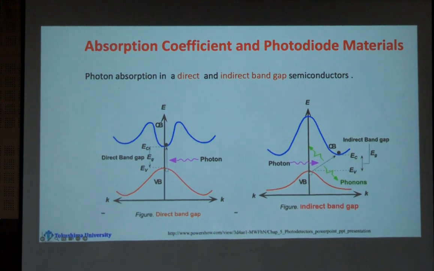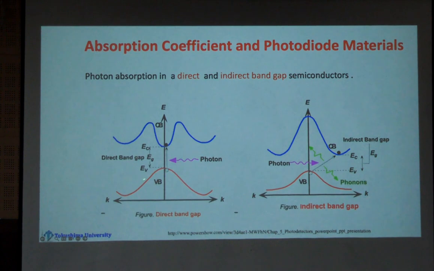So the absorption coefficient and photodiode material: when the light is coming, in the process of light detection, which type of material has been used.